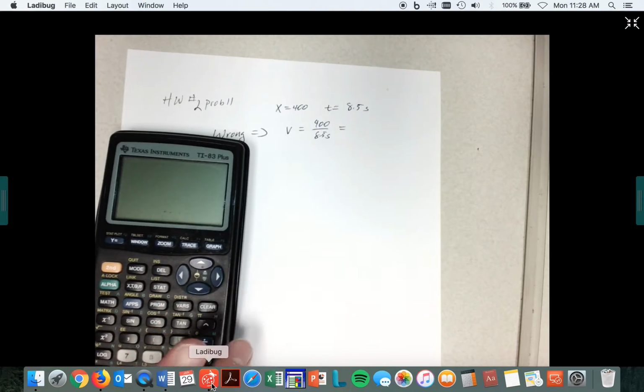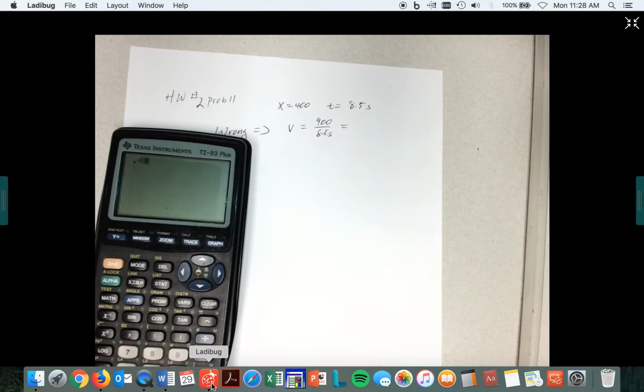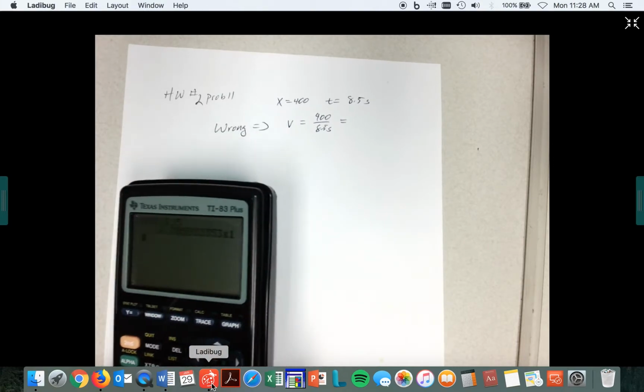Okay, so I've got 400 divided by 8.5. You get 47 meters per second.